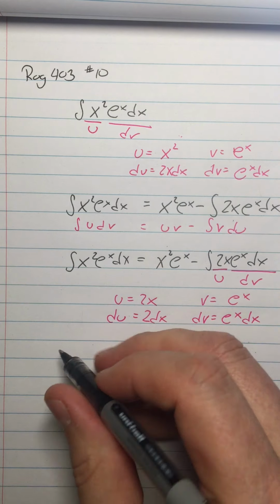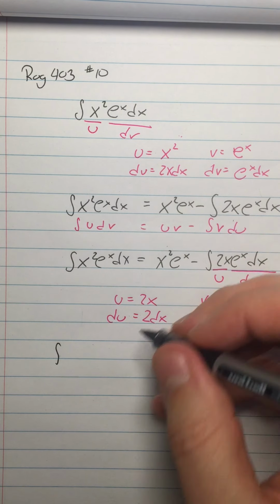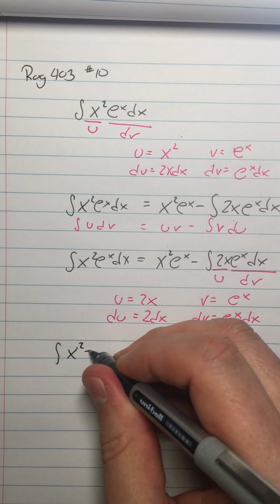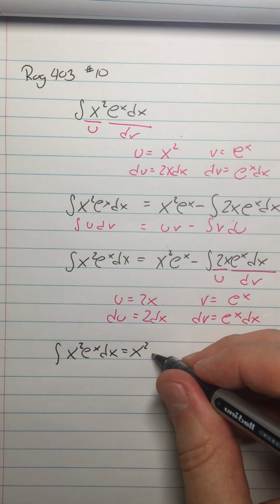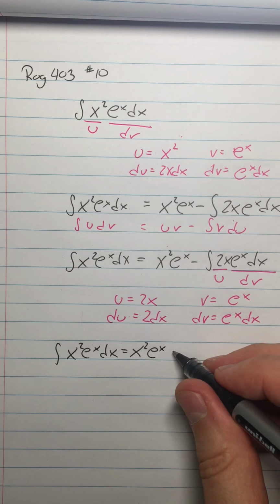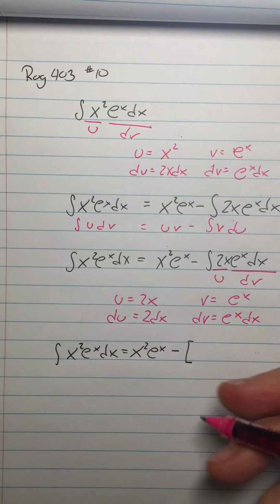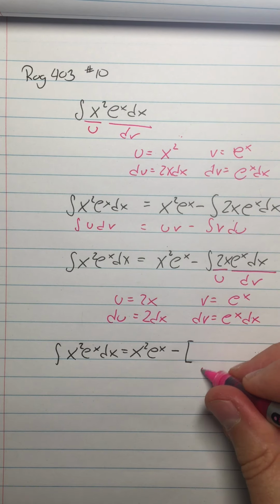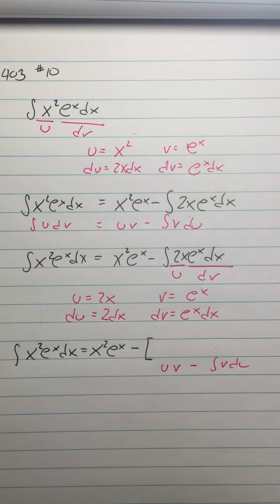Now, when I rewrite yet again, because I wrote these things in the middle, it sort of forces me to do that. You wouldn't have to do that necessarily in your work. x squared e to the x, okay? And then I have to go minus. Now, I have to watch out because that minus is going to distribute, because in here I have to put the new uv minus integral v du, to put the new one in there.